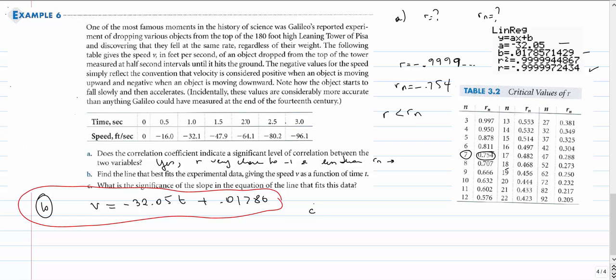To answer C, what is the significance of the slope in the equation? My slope is negative 32.05 t, and this is the change in the speed to change in time, and speed comes in feet per second and time is in second.